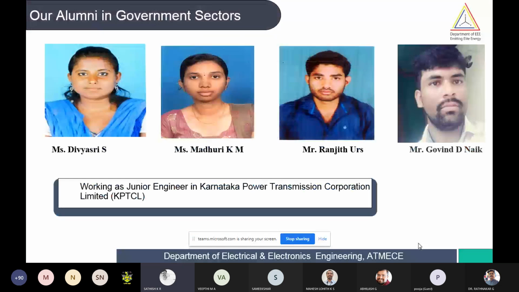Also, our alumni are working in the government sector in Karnataka Power Transmission Corporation Limited. Mr. Govinda Nayaka of the 2016 passed out batch has been placed in KPTCL. Ranjit Aras, Madhuri KM and Divyashree of the 2017 passed out batch have been placed in KPTCL.